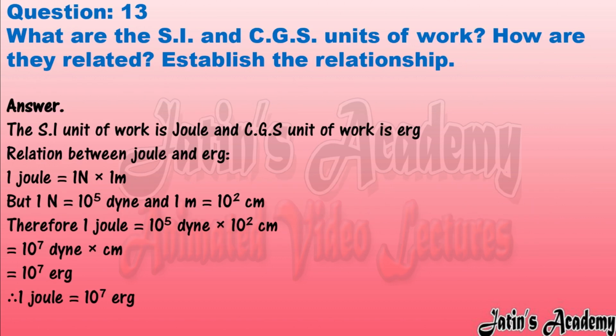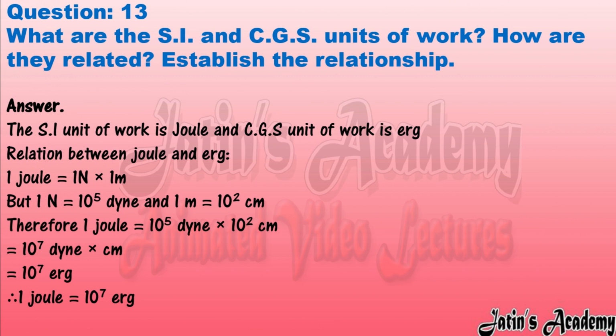Question 13. What are the SI and C.G.S units of work? How are they related? Establish the relationship. Answer. The SI unit of work is joule and C.G.S unit of work is erg. Relation between joule and erg. 1 joule is equal to 1 Newton times 1 meter.